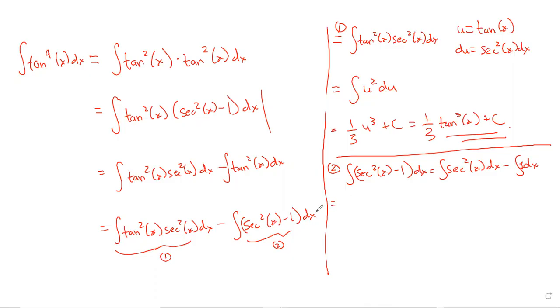Remember that the integral of secant squared is one of the trigonometric integrals, so that simply becomes tangent x plus some constant, minus the integral of dx, which is just x plus another constant.